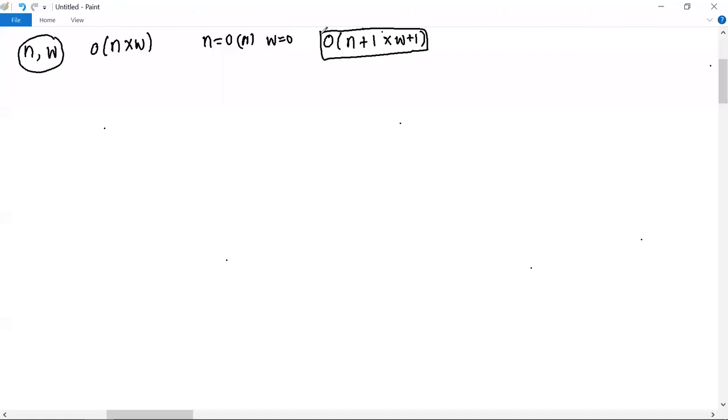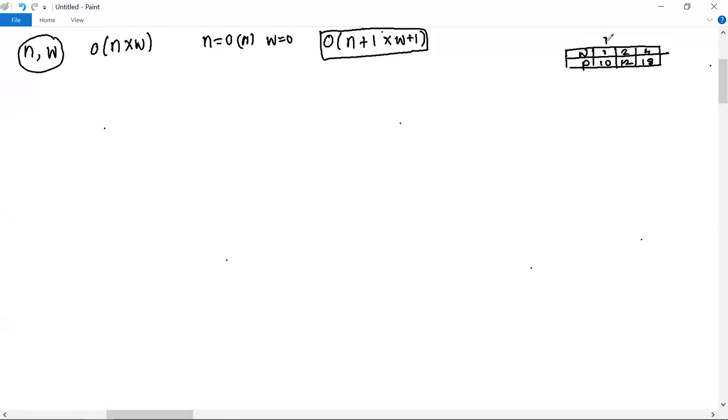We are taking the same example here, same as what we discussed earlier. This is your weight, this is your profit. The weight of the first object is 1 and the profit is 10. The weight of the second object is 2 and the profit is 12. The weight of the third object is 4 and the profit is 18.